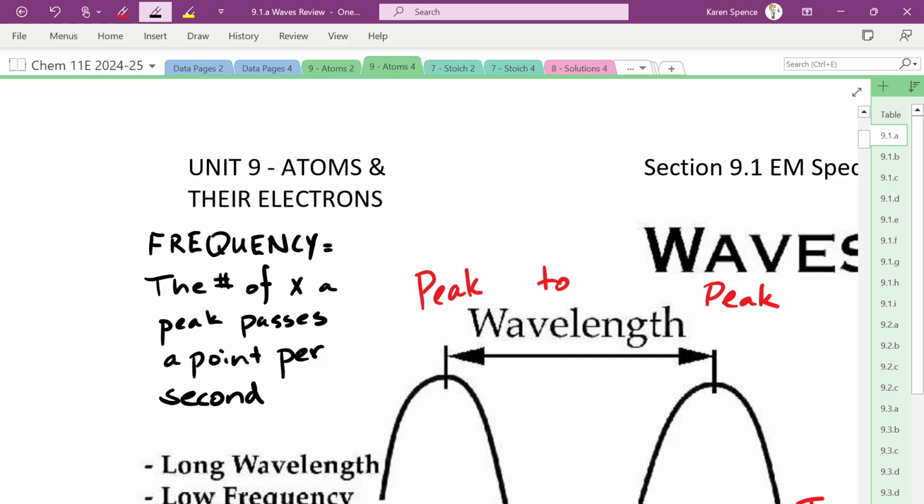Now, to illustrate what that means, if I have, this is my wave, waves travel like this, okay?